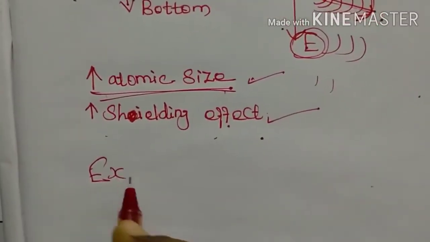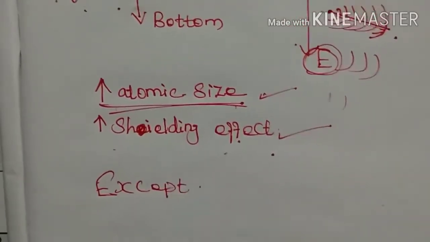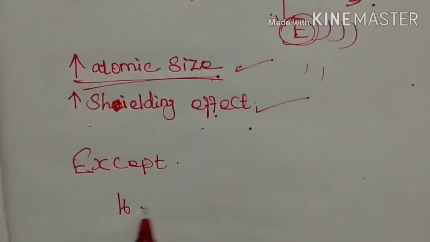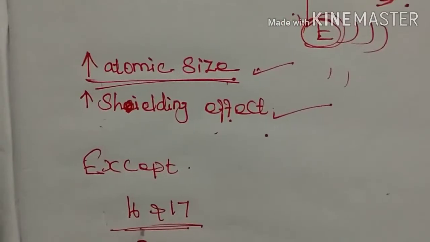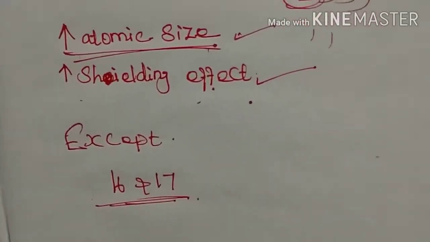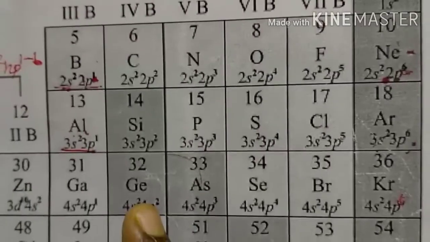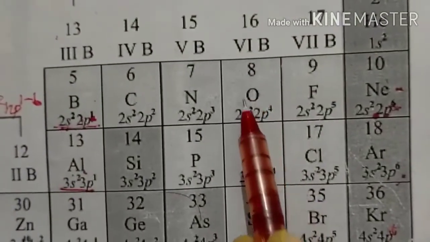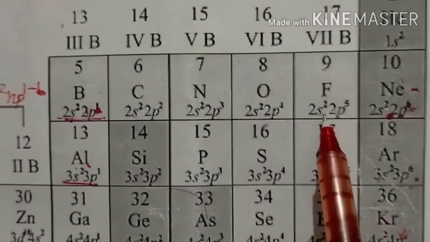One exception case is in groups 16 and 17. Look at this: in the 16th group oxygen and in the 17th group fluorine is present.